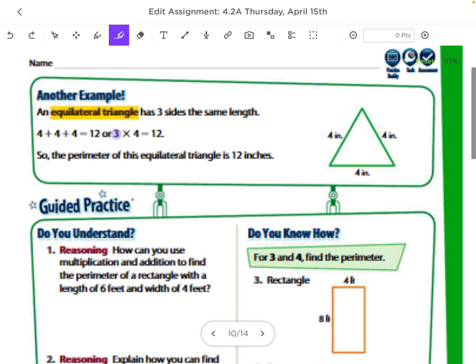You can also use the multiplication strategy to find the perimeter of different shapes, different polygons. So if we are finding the perimeter, adding all the sides of a triangle, we can multiply times 3. 3 sides that are all 4 inches long, and that will give us 12 inches.